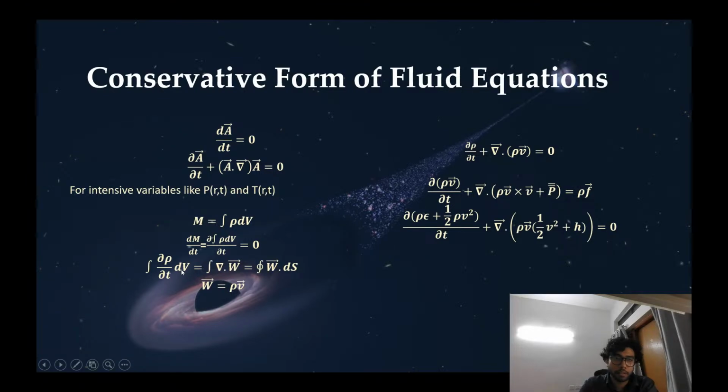So here you are only considering the small volume dV. Although the total mass of the system does not change, if you consider a small volume dV within the system, there could be some flow of fluid coming into the volume, and there could be flow of fluid going out of the volume, right?